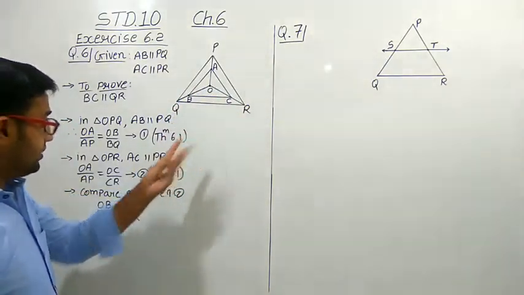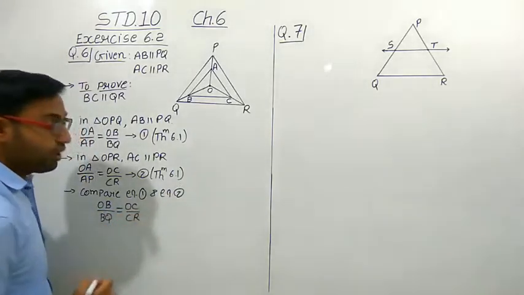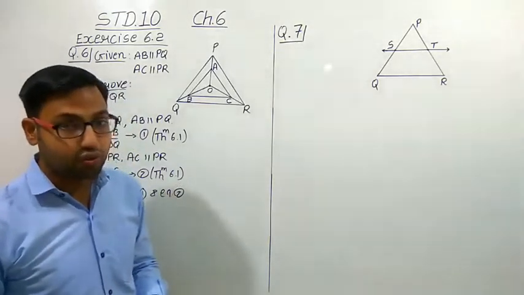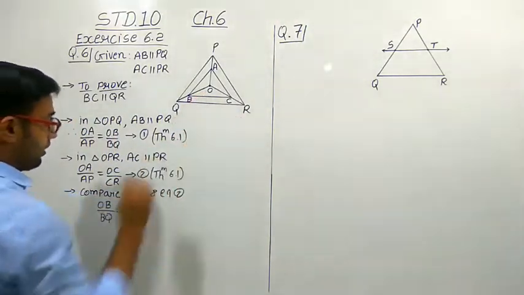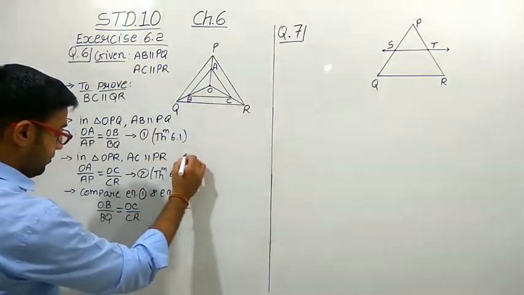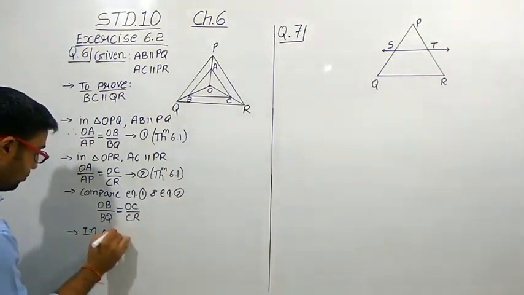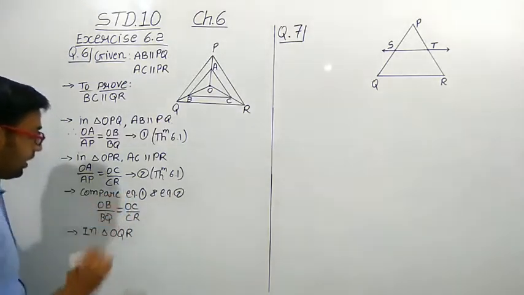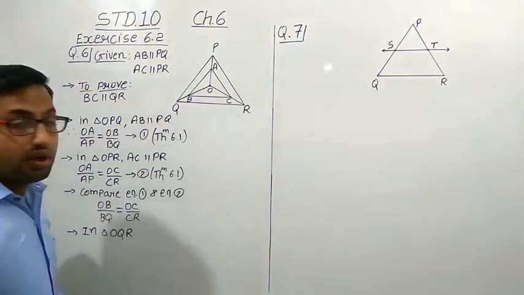Now see, this leads us to say that according to theorem 6.2, in triangle OQR, OB upon BQ is equal to OC upon CR.